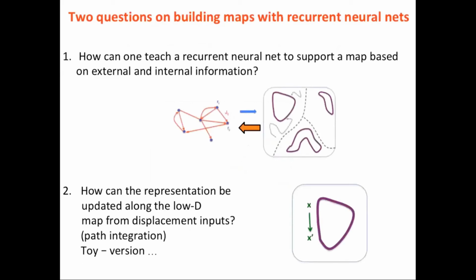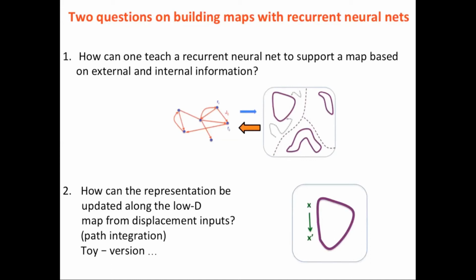How can we teach a recurrent neural net to support a map based on this external and internal information, I mean the visual information and the copy of the motor action? And how can this representation be updated along the low D-dimensional attractor from the displacement input? This is very much related to the issue of path integration I mentioned before.